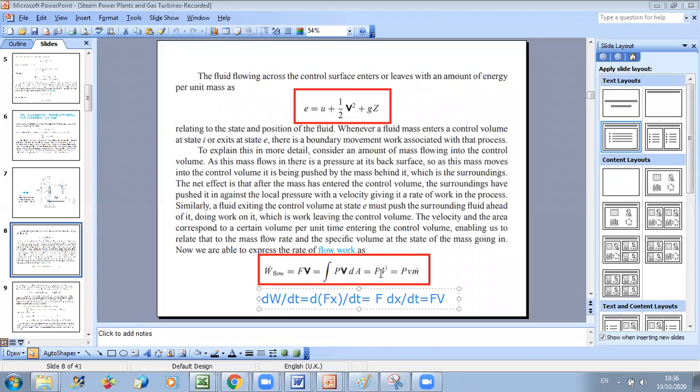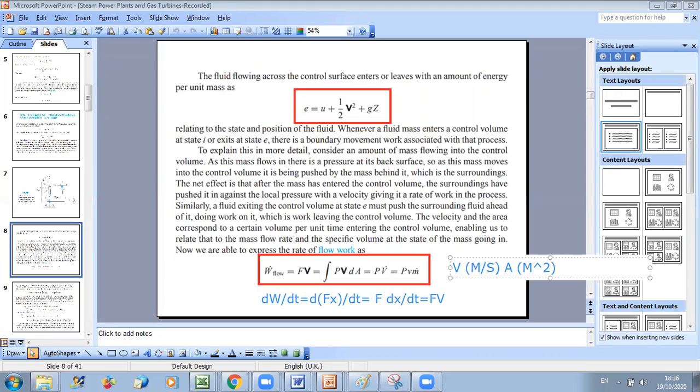What do I mean by V dot here? When I do velocity times area, the unit of velocity is meter per second and the unit of area is meter square, so I get the volumetric flow rate.